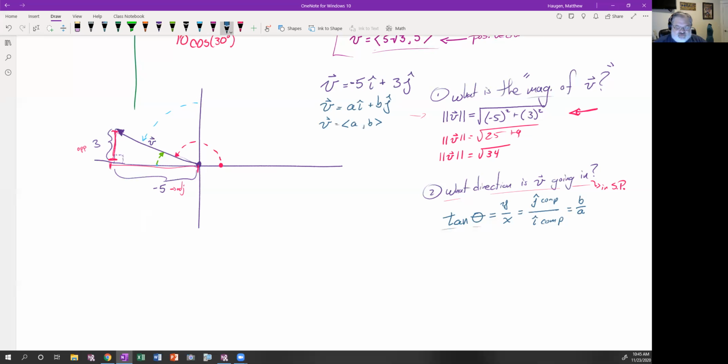And again, they'll say that as if it's some new formula just for vectors. It's not. That's how tangent has been defined since week 1, just with different labelings. So for our purposes, the tangent of theta is equal to b over a. That's going to be 3 over negative 5, or just negative 3/5.